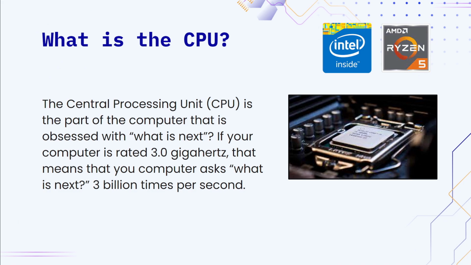So to get started on Python, first we have to understand how a computer functions and how code works. The main part of a computer, which I like to think of as the brain of a computer, is the central processing unit, or CPU. Now you might see these stickers on your laptop or computer, Intel, maybe AMD, and you might wonder what it is.